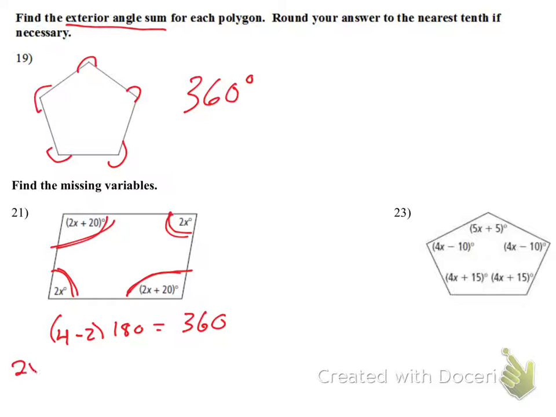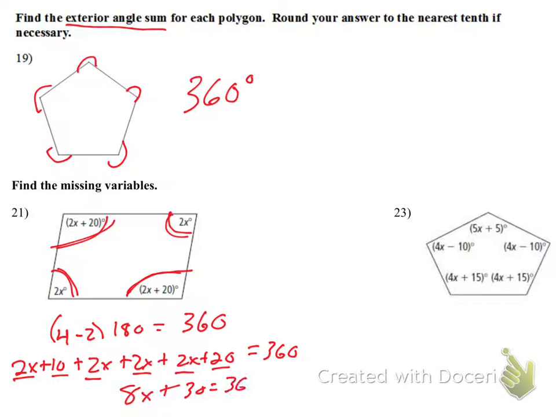I'd have 2x plus 10, so the first one on the top left, plus 2x plus 2x plus 2x plus 20. So adding up all of these angles equals 360 degrees on the inside. Combine like terms. So everything with an x I'm going to add up. So it's 2, 4, 6, 8 with 8x, and then plus 30.